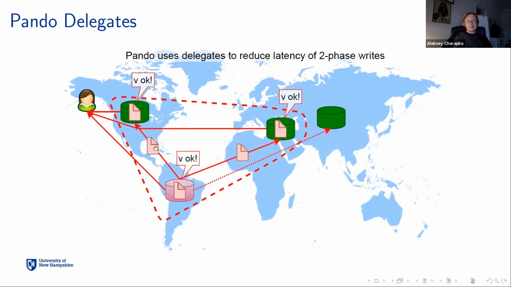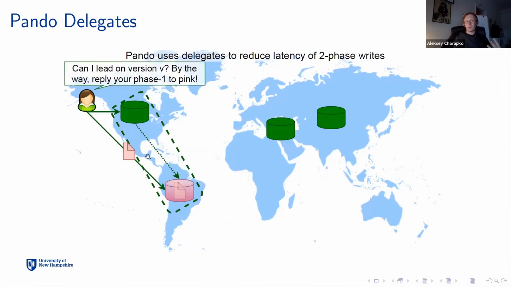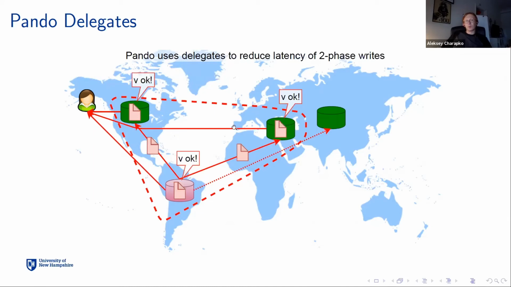So this whole delegate situation allows you to mask a lot of this phase 1 latency and improve slightly on the phase 2 reply latency.